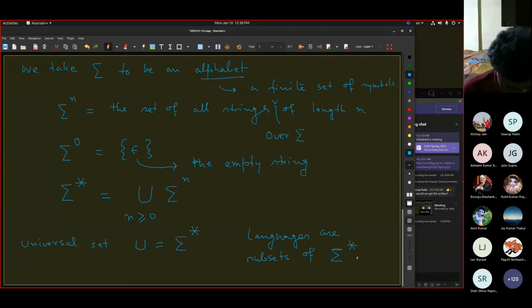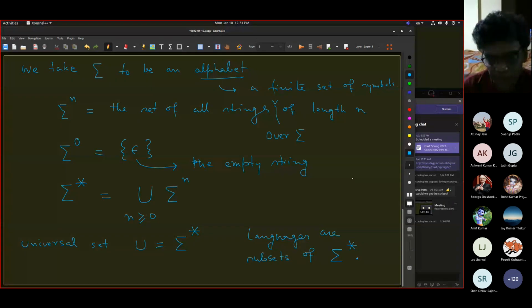Sir, means taking sigma star as U is our assumption, or is it fine for all the cases that we can take sigma star as U? Yeah, it's because if you have some encoding in your mind, whatever object you get, that can be represented by a string. So there is no loss of generality.